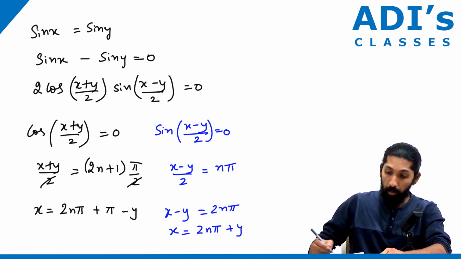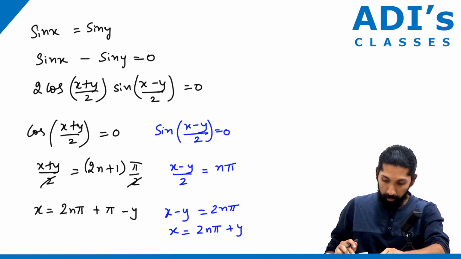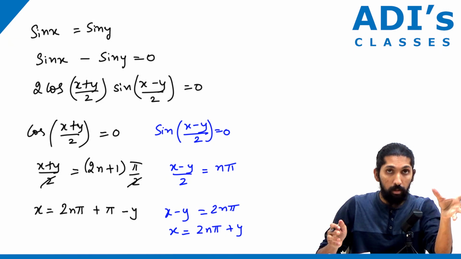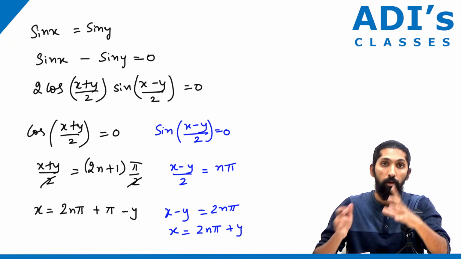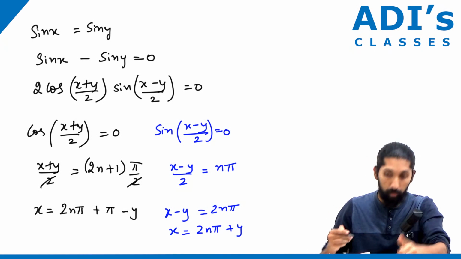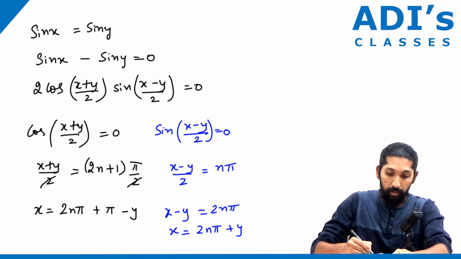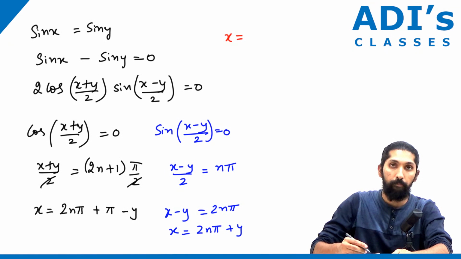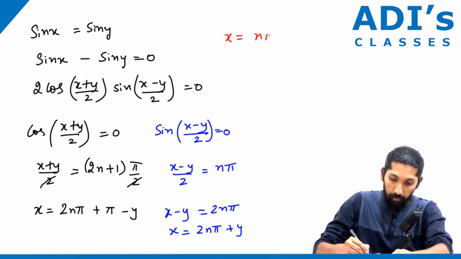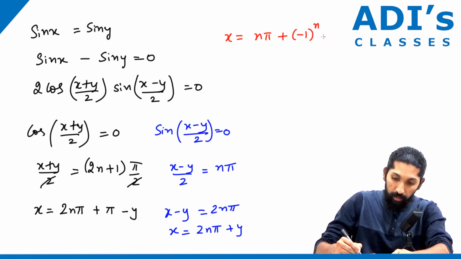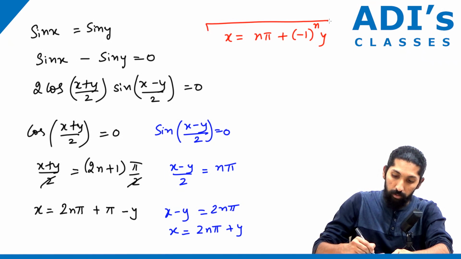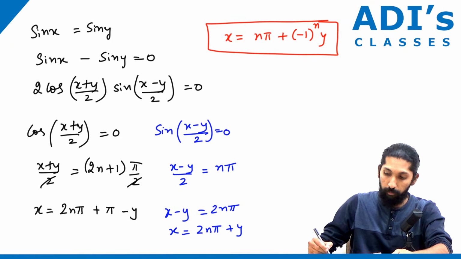Now, when you combine both of them together, because x has two values, we get x is equal to n pi plus minus 1 to the power of n into y. So this is going to be the value for x.